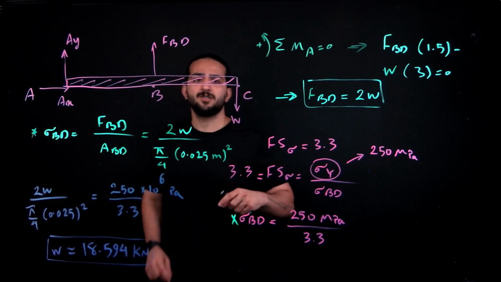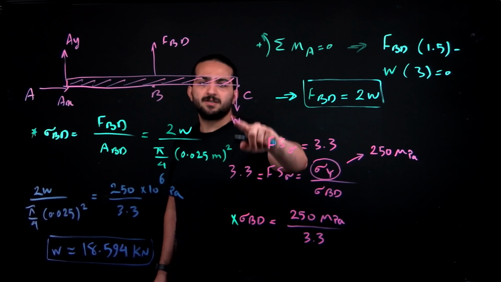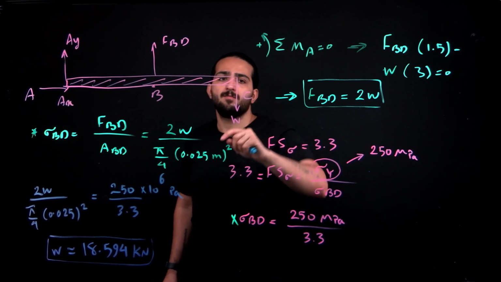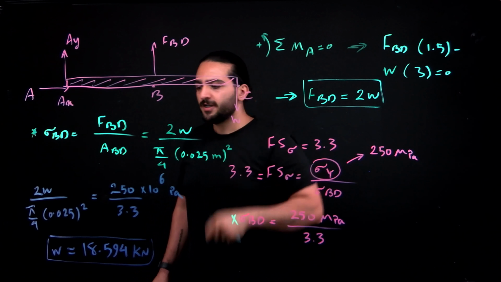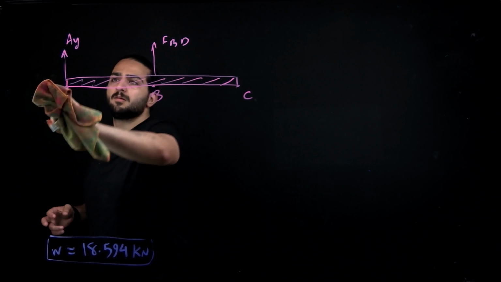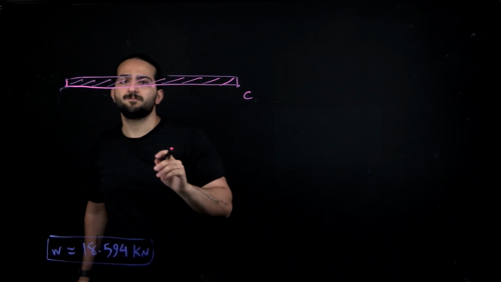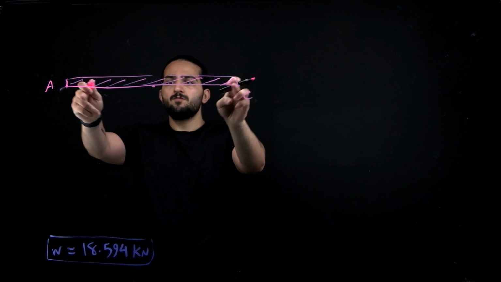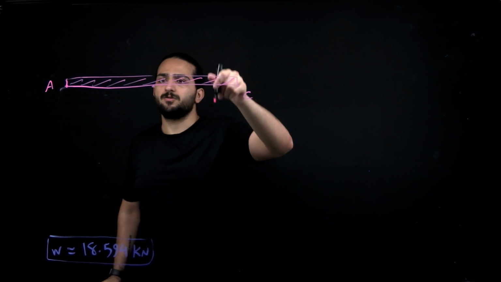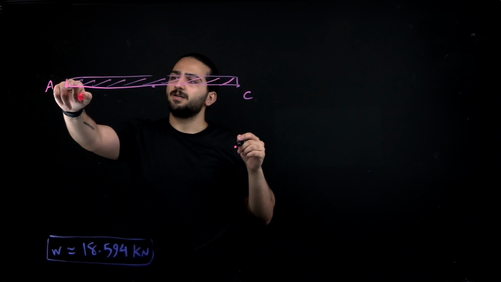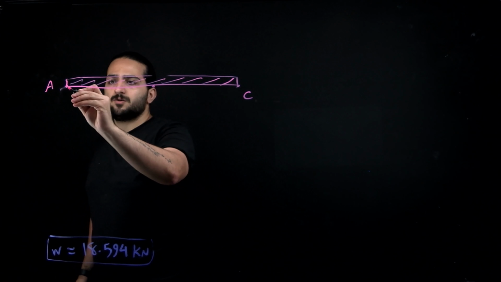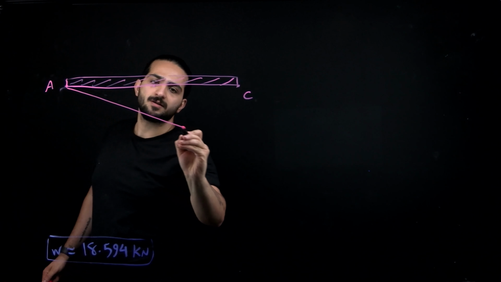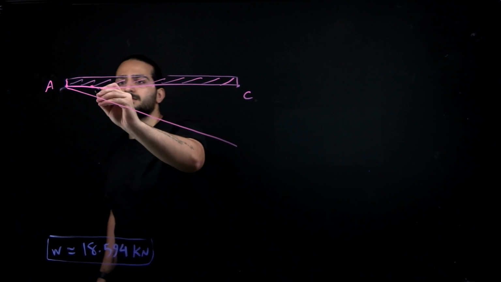Now we had another condition, which was the maximum downward movement of this point C shouldn't exceed 10 millimeters with a factor of safety of 3. Okay, for the second condition, this is point A. Since this is a rigid beam, there won't be any deflection when we apply a load in it, and it can only rotate around this point A. So after applying a load here, it will just rotate this way.